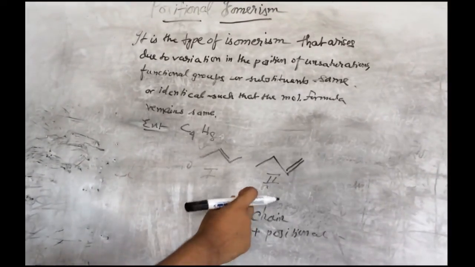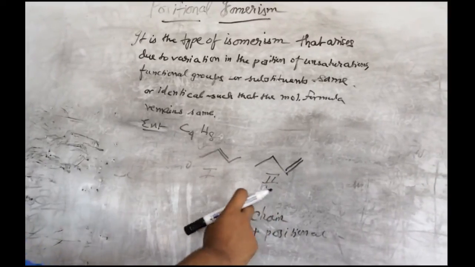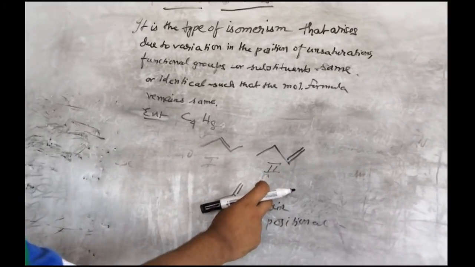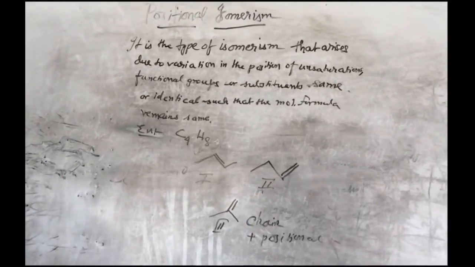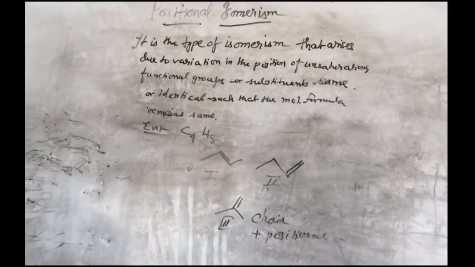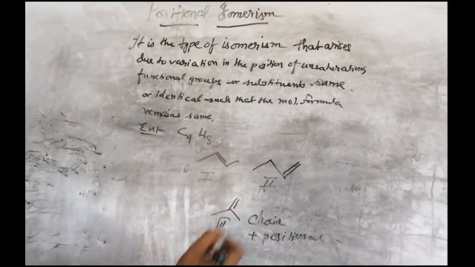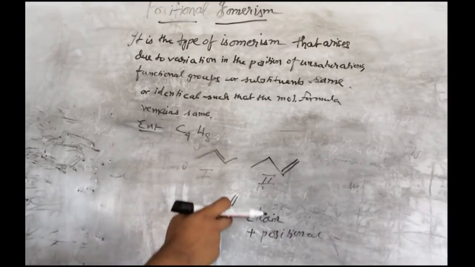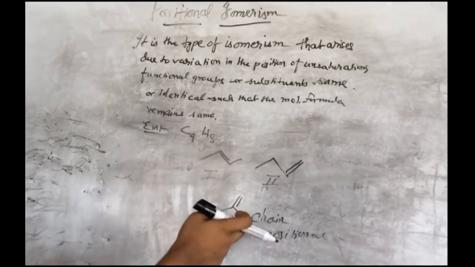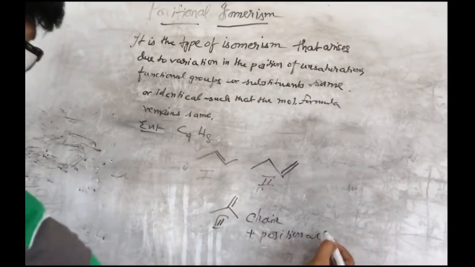See, if this carbon was present here, we have simply shifted one carbon from the principal chain to a substituent methyl group, so we are getting a chain isomer, and at the same time we are shifting the position of the double bond. So from this, if we see, here both chain isomerism and positional isomerism takes place.